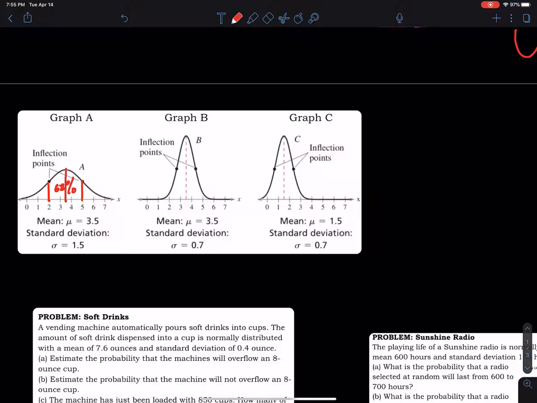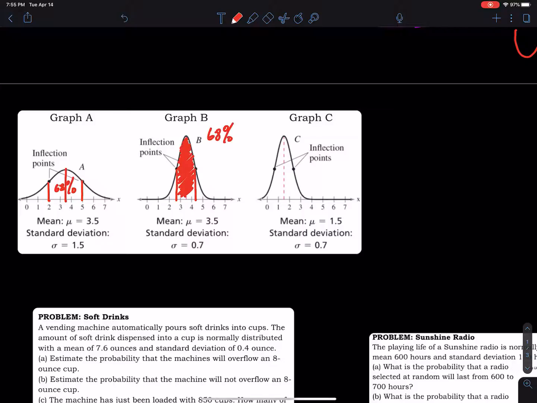Let's take a look at B. So in B, we still have mean equal to 3.5. However, the standard deviation is 0.7. What is 0.7 for? You have 3.5, you add 0.7, and then you minus 0.7, and then you get some area in the middle. How much is this area? The answer is 68%.